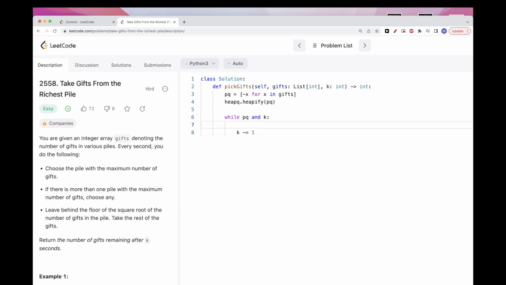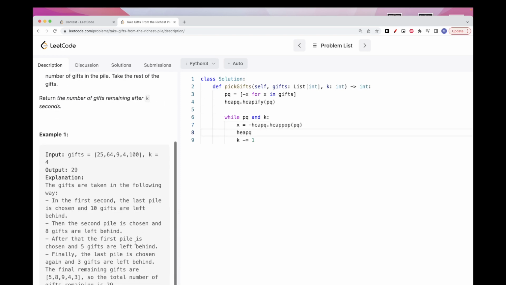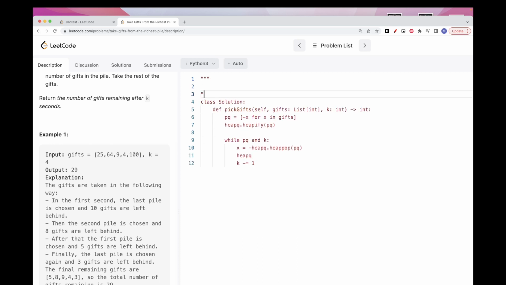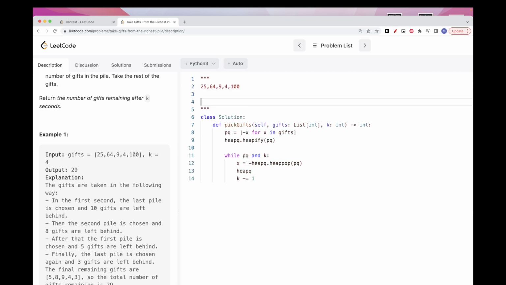And then we keep extracting the highest value. So heappop. But since we did minus here, to recover the actual positive value, we need to do minus here. Okay, and now we want to push, right? Because for example here, when we extracted 100, we leave behind the square root of 100, which is 10.